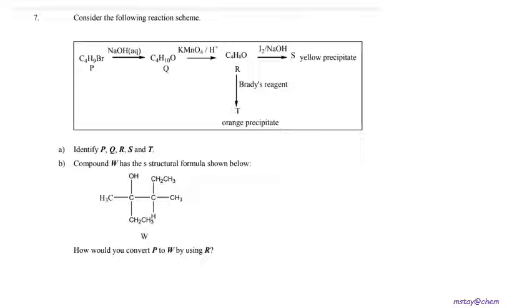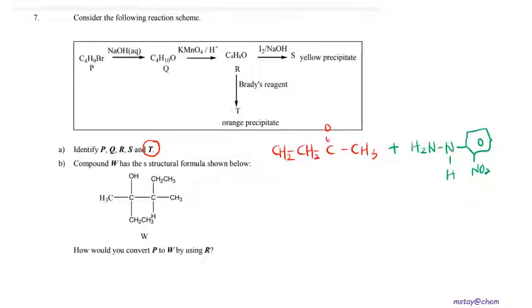Okay, so now let's proceed with the structure T. Just now we already identified that the structure R is butanone. Then it reacts with Brady's reagent, which is 2,4-dinitrophenylhydrazine, so H2N and H attached to the benzene ring, and then 2,4-dinitro.